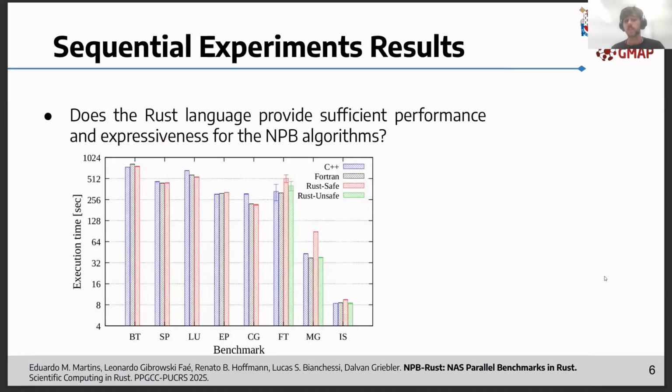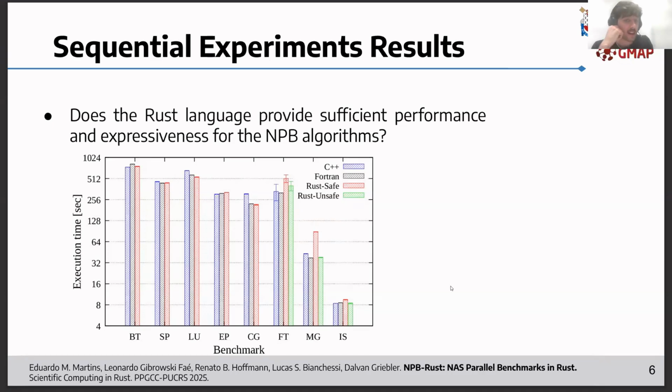The main question that guided us through our experiments was: does the Rust language provide sufficient performance and expressiveness for the NPB algorithms? And here we can see the results of the sequential version. Here we have each application on the x-axis, and on the y-axis we have the execution time in log scale.